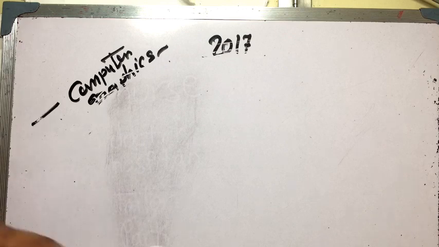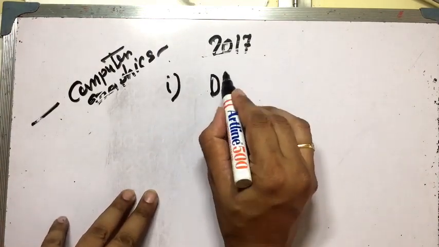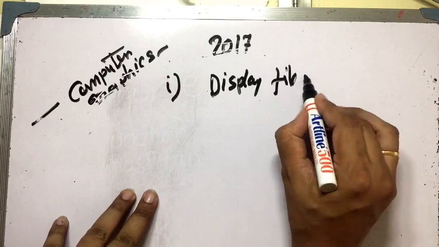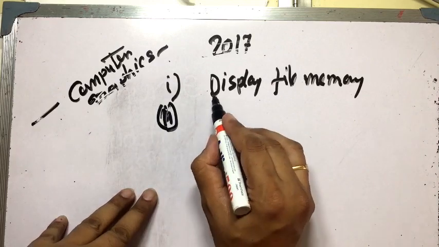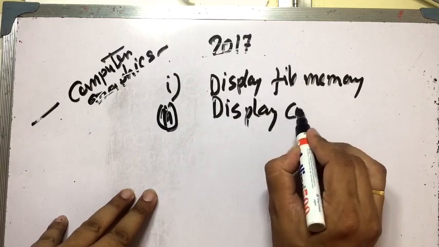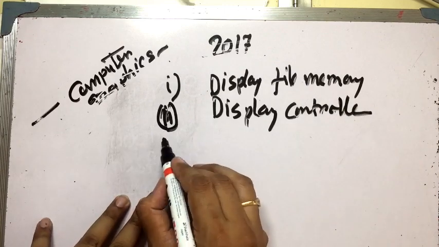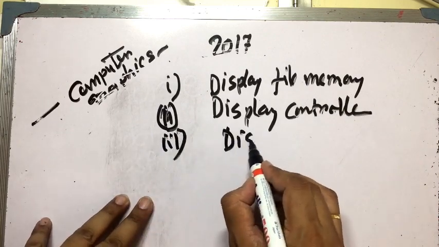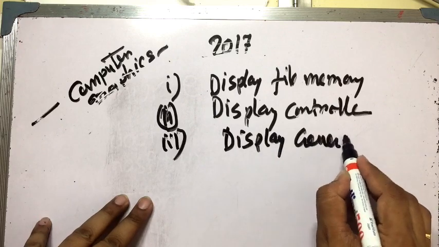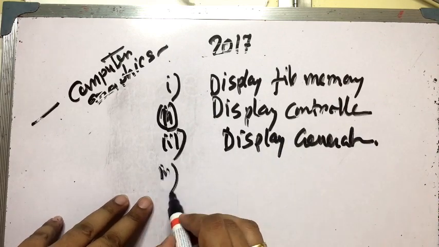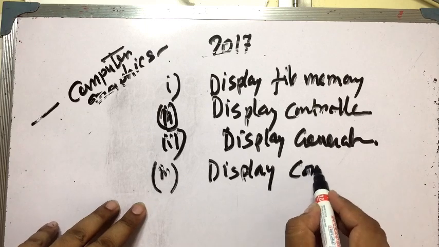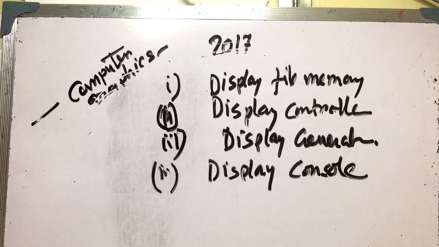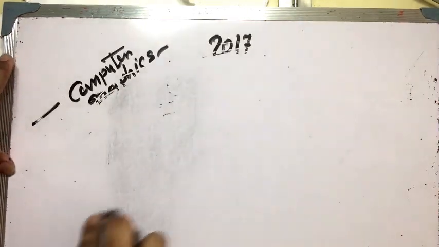It has the following components. Number one, it has display file memory. This is the number one part of display processor. Number two, it has display controller. There are four parts of display processor. Next, it has display generator. Part 4 is display console, which is connected to the monitor or other output devices. So these are the four components of display processor. Consider the diagram.